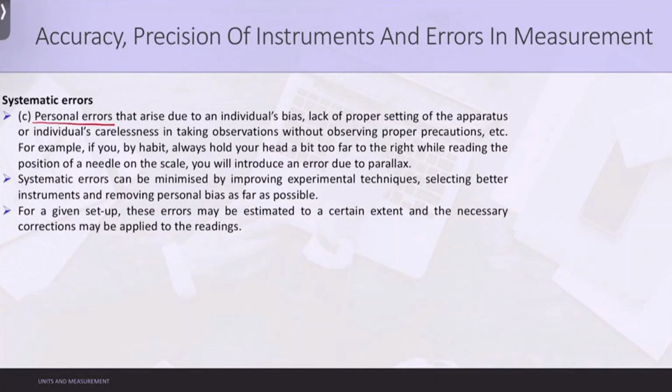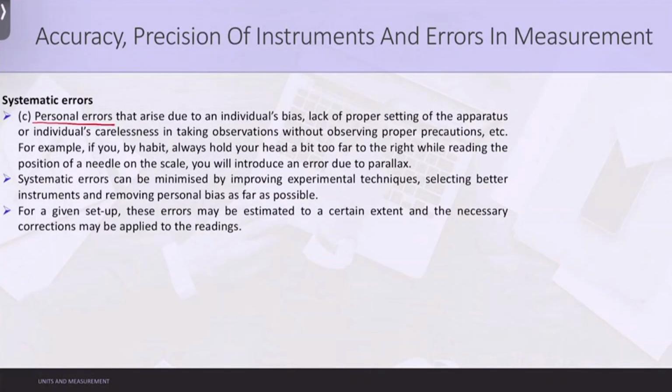If by our eyes we understood that the fifth graduation coincides and not the ninth graduation, but actually it was the ninth graduation, then it's a personal error only, because here the vernier caliper was correct. The thing which led to error was our own eyesight, or let's say our lack of carefulness. So this is basically the personal error.